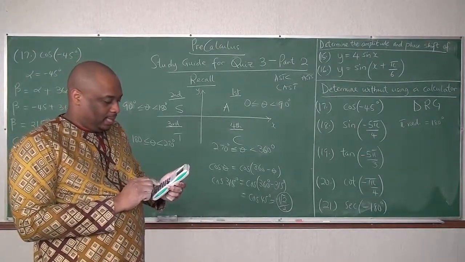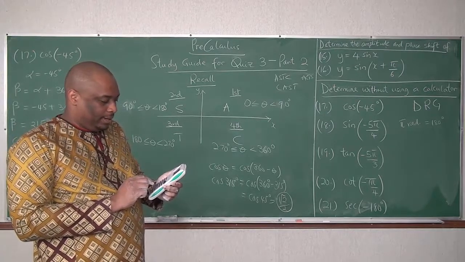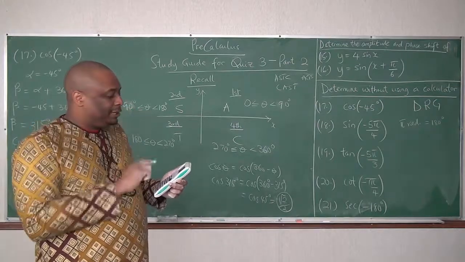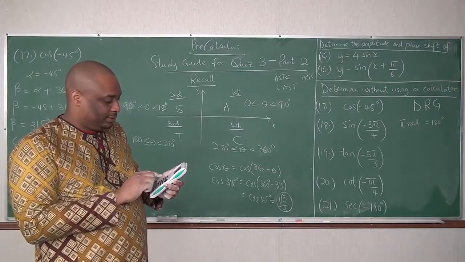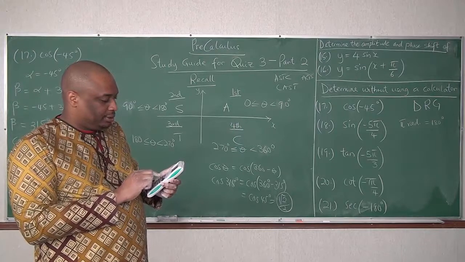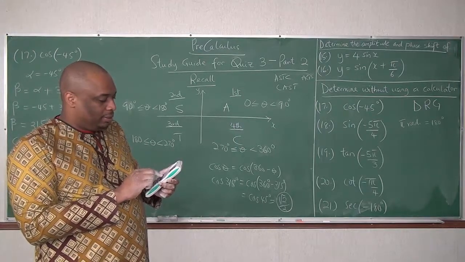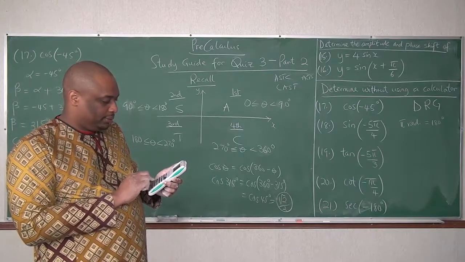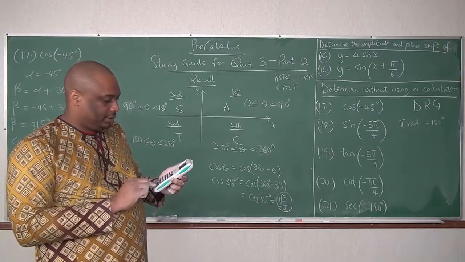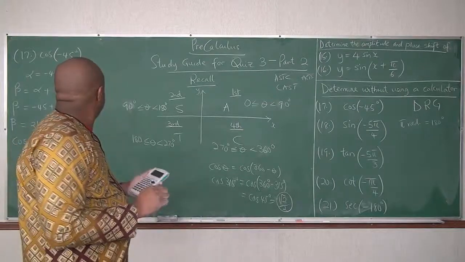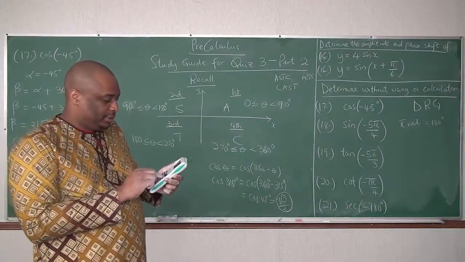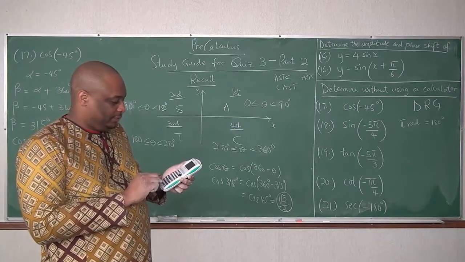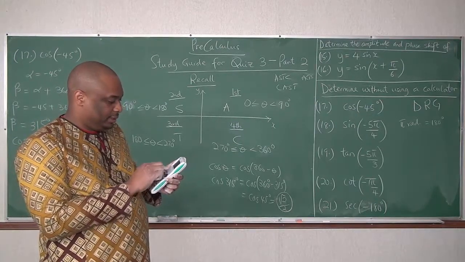I want to do cos, but let me make sure that this is in degrees. So I'm going to do option, angle. Okay, so I should do cos negative 45 degrees.